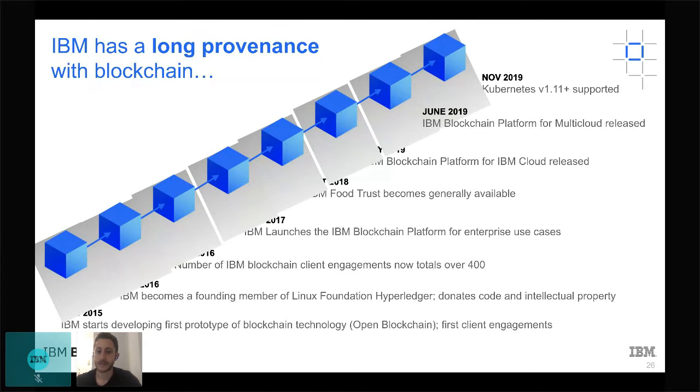And one of the biggest things that we provided was the IBM Blockchain Platform, which is that commercial piece of Hyperledger Fabric. And today, which I'll talk to in a second, is how that's developed until now, 2020.